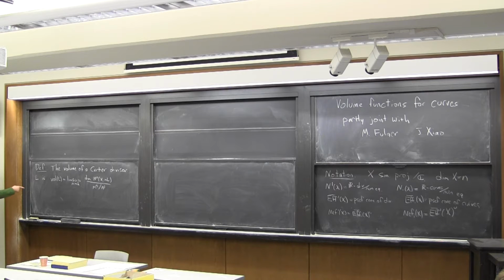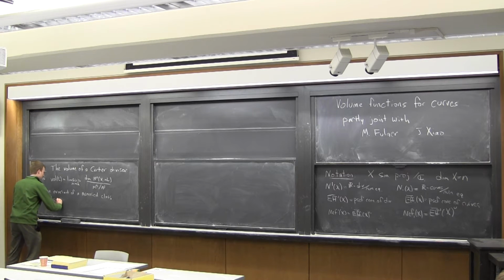So we're going to be interested in the theory of the volume for a little bit. So let me start off by reminding you that the volume is an invariant of a numerical class. One of its basic properties is that it doesn't depend on the divisor only, but it only depends on the numerical class of the divisor.